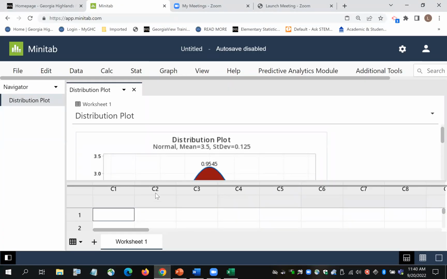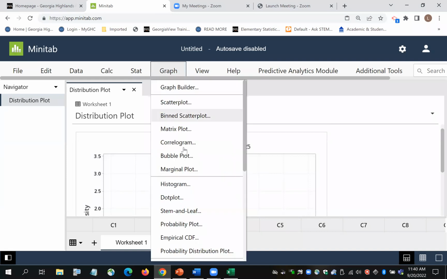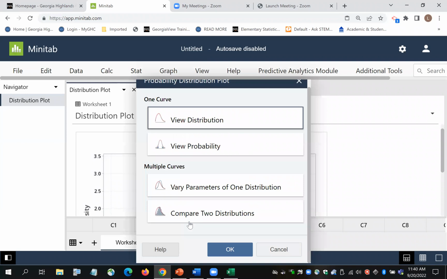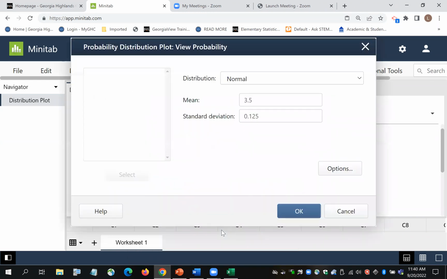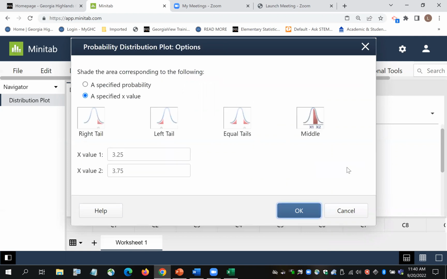So I'm going out to Minitab. We go Graph, Probability Distribution Plot, View Probability. I click OK. It is a normal distribution. My mean is 3.5. The adjusted standard deviation is 0.125. We're doing Options.